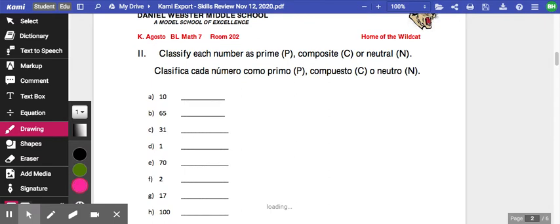All right, prime or composite, or neutral, meaning only 1. Here are some hints for you.